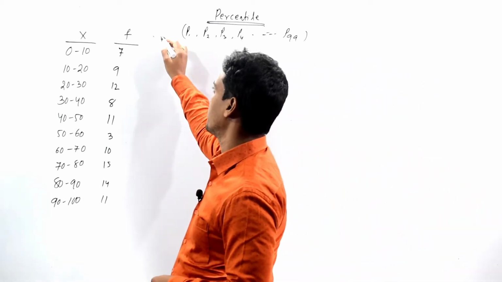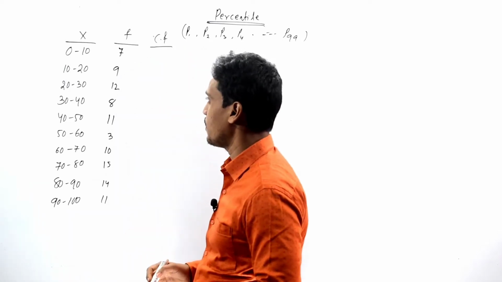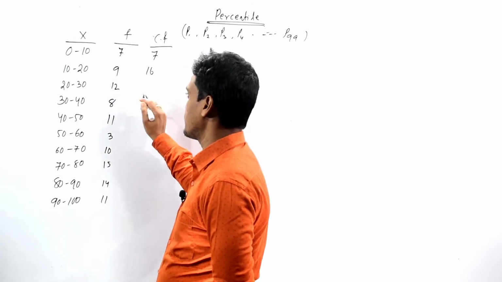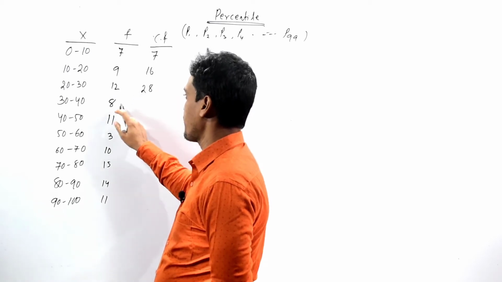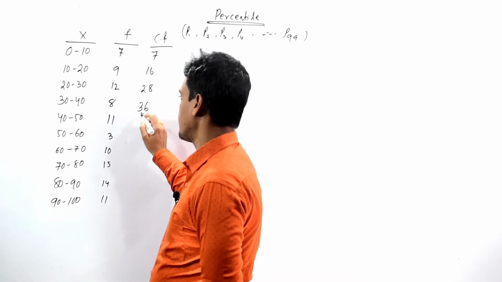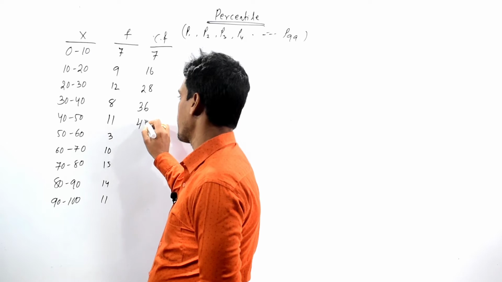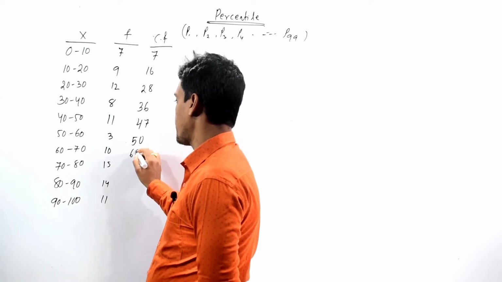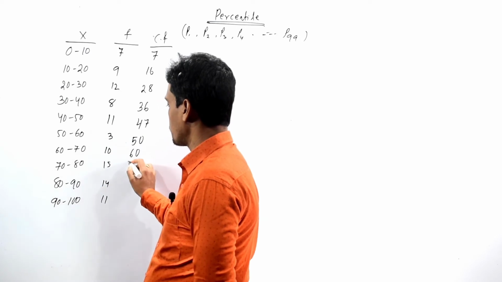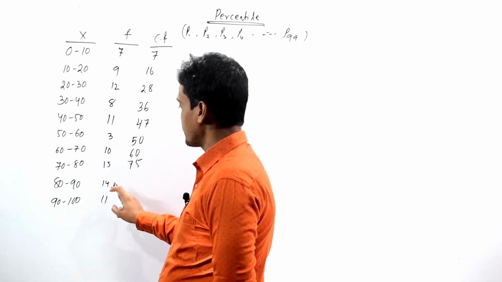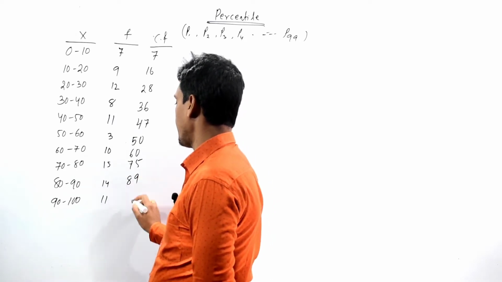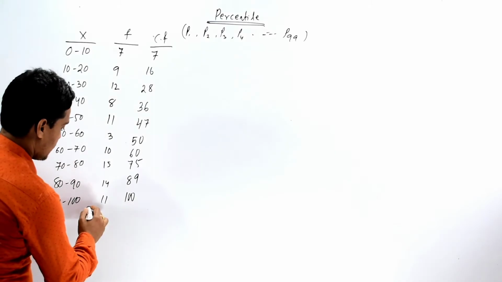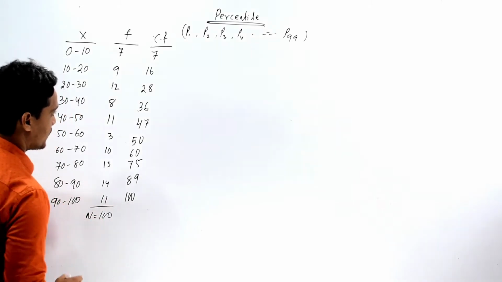Then we have to find the cumulative frequency, that is CF, of the different classes: 7, 7 plus 9 is 16, 16 plus 12 is 28, 28 plus 8 is 36, 36 plus 11 is 47, 47 plus 3 is 50, 50 plus 10 is 60, 60 plus 15 is 75, 75 plus 14 is 89, 89 plus 11 is 100. So the total frequency is 100.